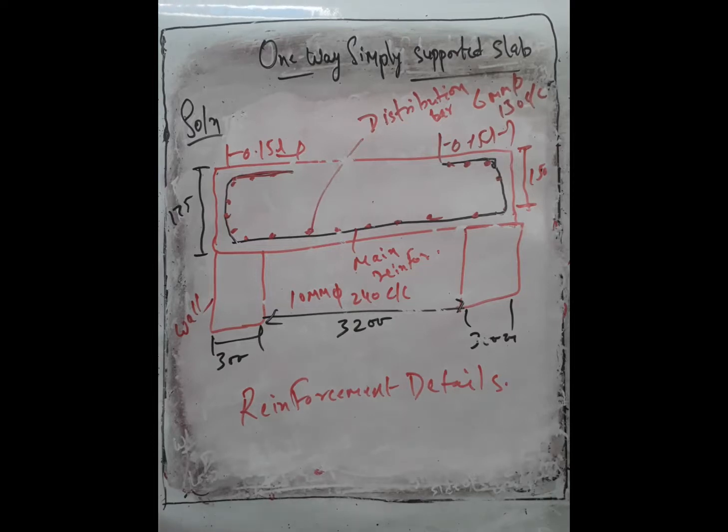You have to follow all the design consideration steps to design the slab, and in the last you have to check the values for cracking, deflection, shear reinforcement and development length. If you are given only check for deflection, then you only check for deflection, and in the last you have to show this diagram, which is called the reinforcement detail diagram.